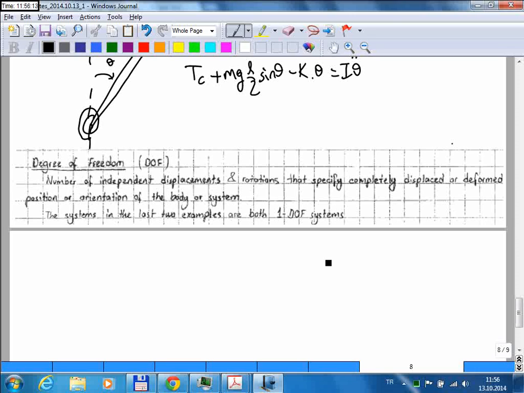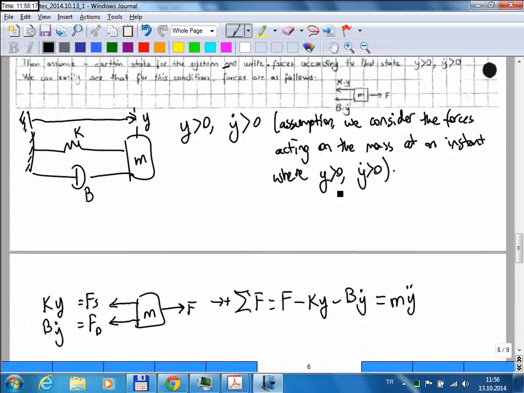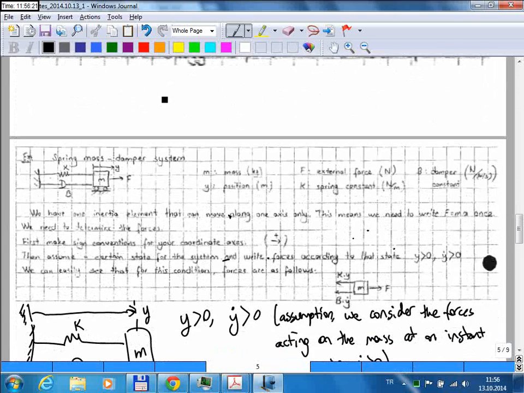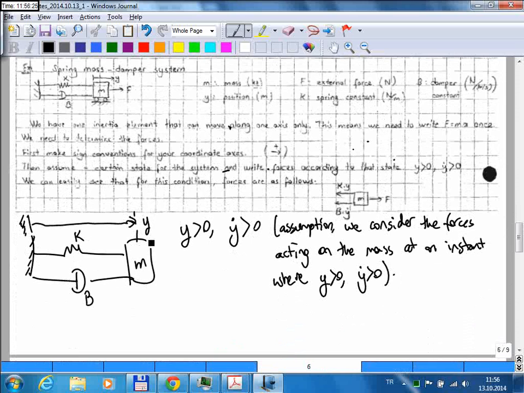Okay? So I guess we can go back to these examples and talk about them. In the first example, there was a mass, and this mass had freedom to move along this horizontal axis only, right? So it can slide along that horizontal axis. Suppose the system is in motion, and you just take a snapshot of it.